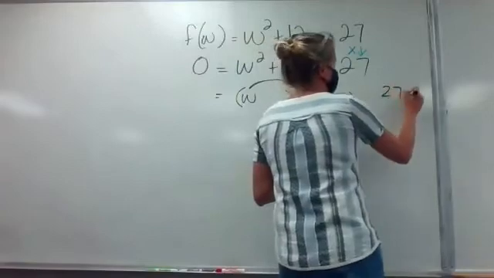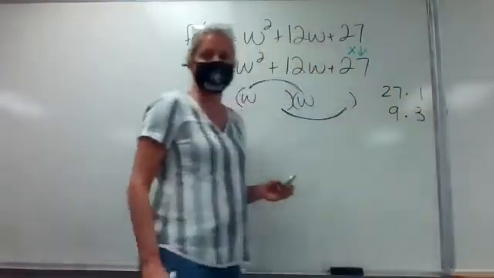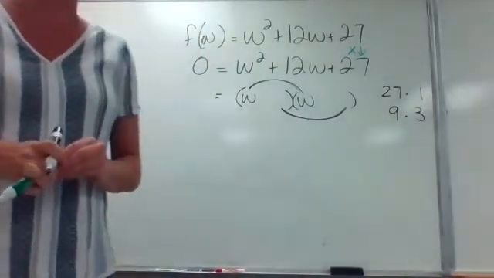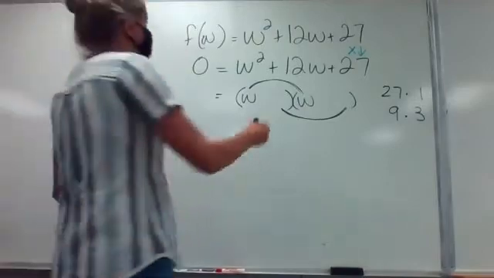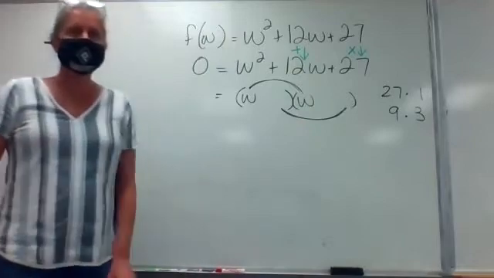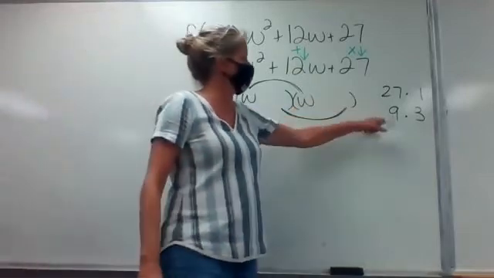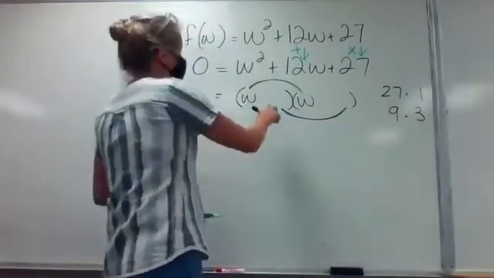So let's think of the ways that that occurs. Either 27 times 1 or 9 times 3, right? That's multiplying to get 27. You want to pick the pair that also adds to this number. So which one of these pairs adds to 12? 9 and 3. So those are your numbers that come here and here.